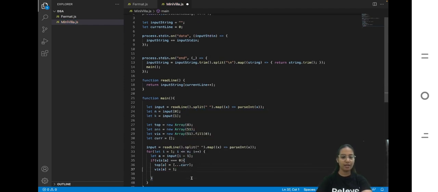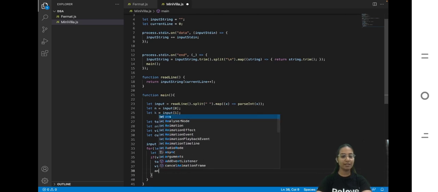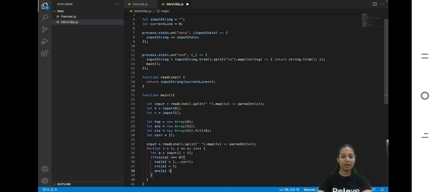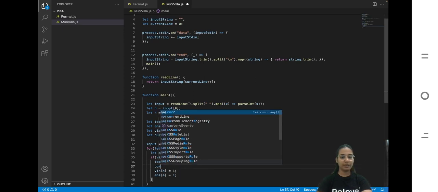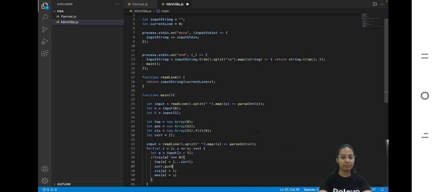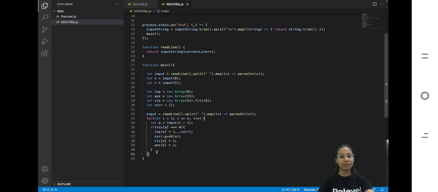Okay, and so we have visited the visit array also, and in the answer array the element becomes the index and the value it is present is the value at the answer array. Okay, and now we'll update the current array also because no new element has been considered. Okay, so this is all the pre-processing that we need to do. Now we'll take the input for the k phases.